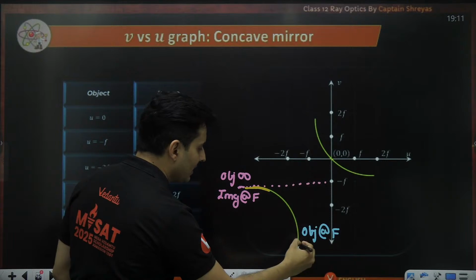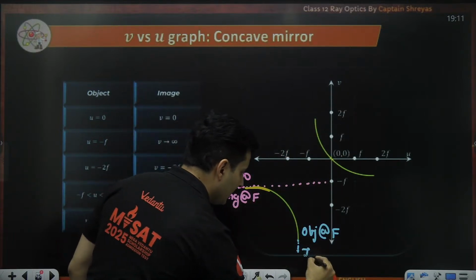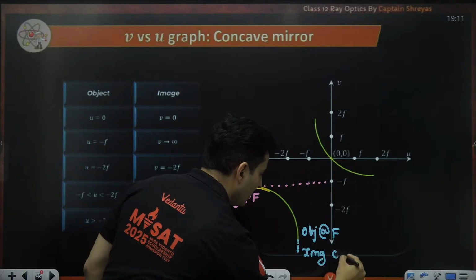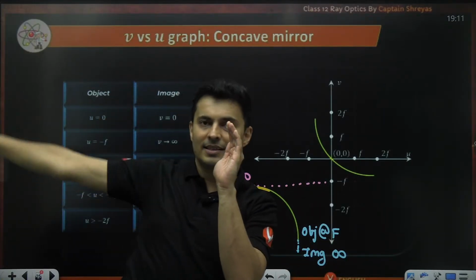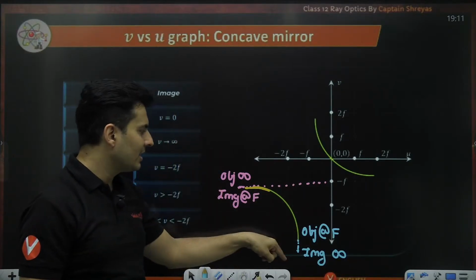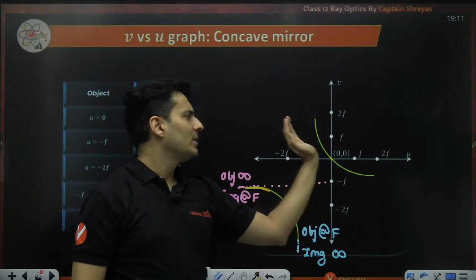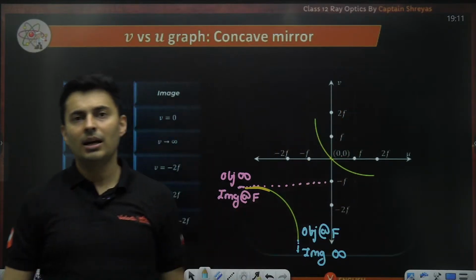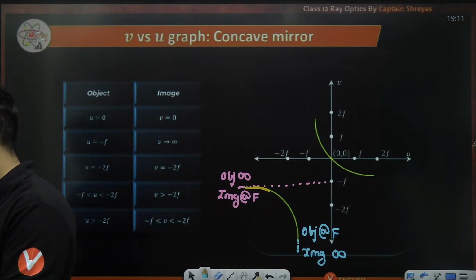That is why the image distance goes to infinity, but actually negative infinity, because this side is negative and that side was positive. Are you seeing why the graph is like this? And the graph also becomes symmetrical. Whatever happens here, you will see an exact replica on the other side.